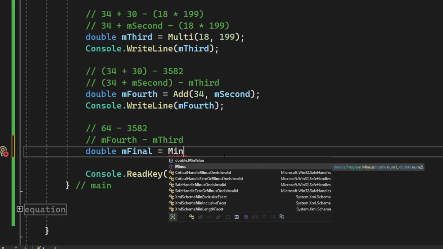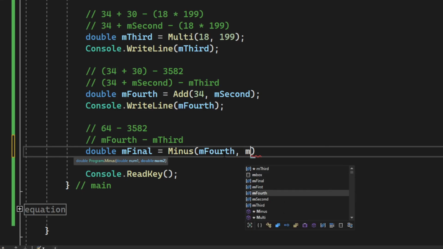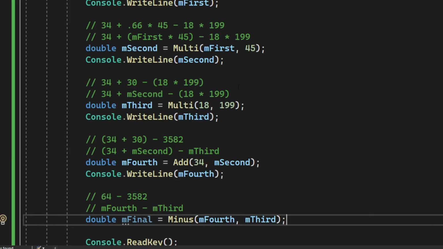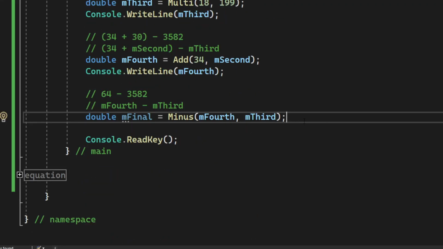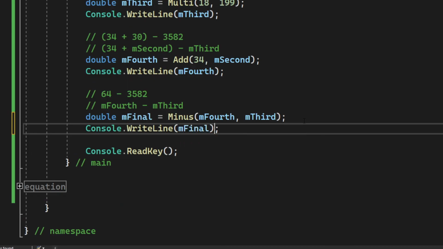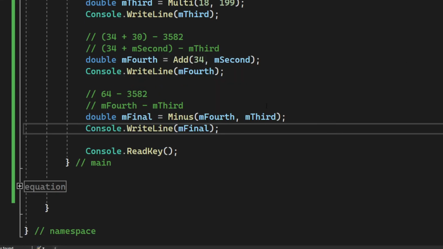But we have our minus method, so minus m fourth, m third. Notice that we're not even passing in any other numbers. The computer's keeping track of all of our results. So now if we display our m final, you see that we have negative 3,518, which is the same result we got the first time.